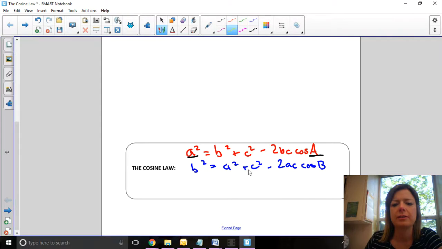Notice also that whatever two letters are here and here are the same two letters that are here and here. And those are the letters that are not the one on the other side of the equal sign.